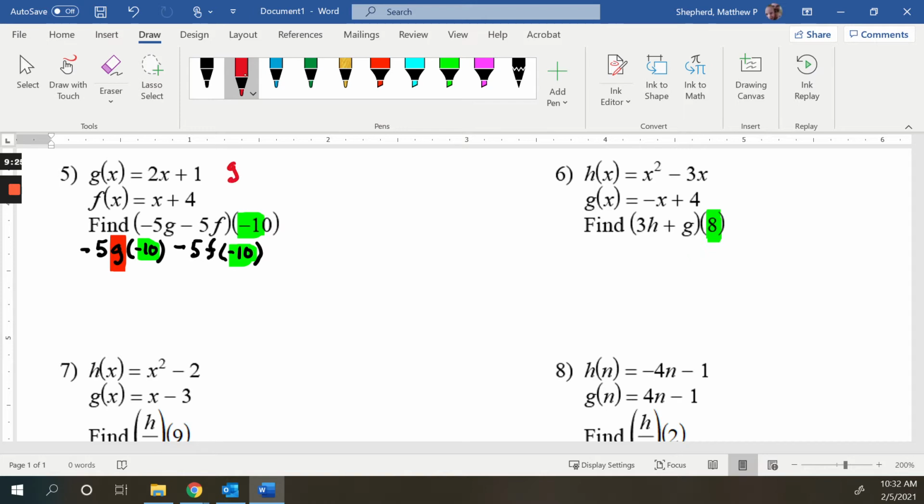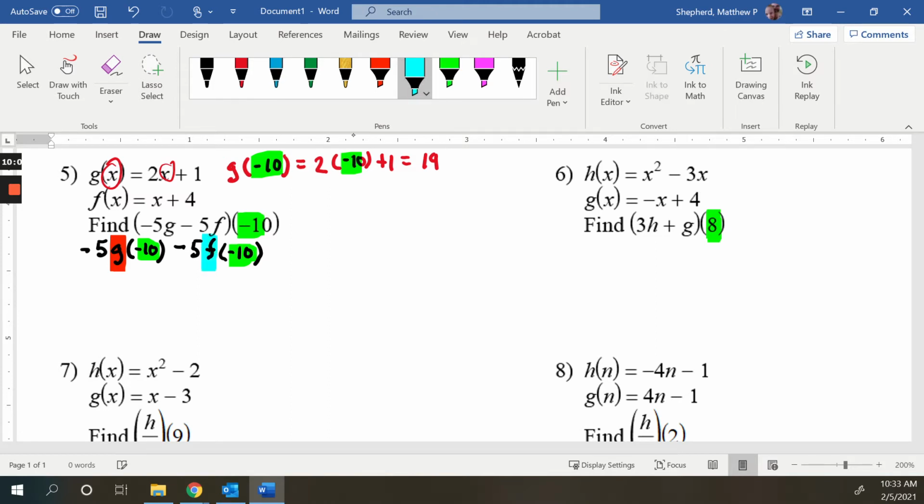So if I do g of negative 10, just like I replaced this x with a negative 10, we're going to replace that x with a negative 10, plus 1, which should equal 19. Okay, so there's our answer. g of negative 10 is 19.